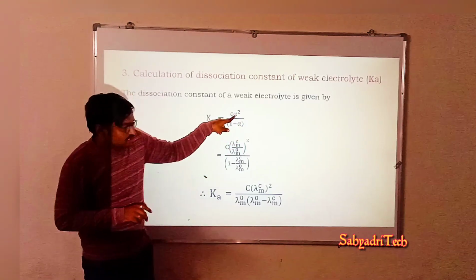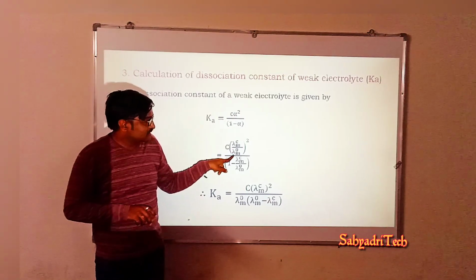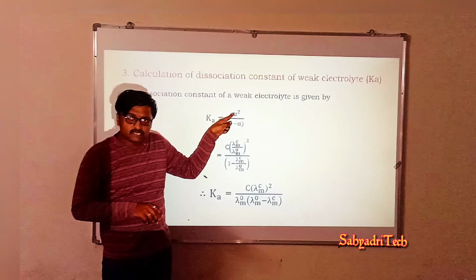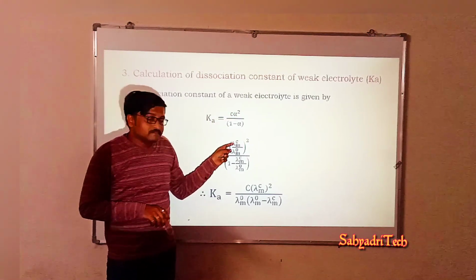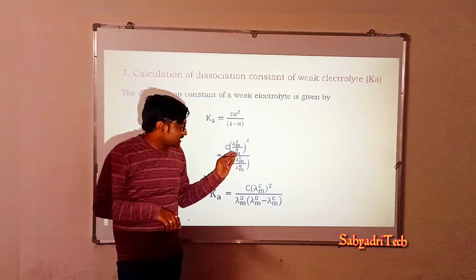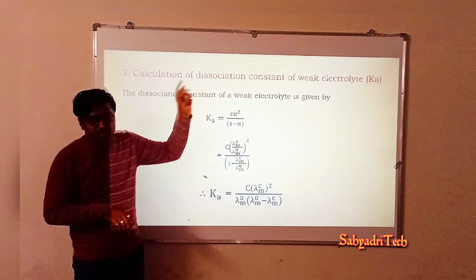We already know alpha is the ratio lambda Cm divided by lambda naught m. So wherever alpha is there, we place its other form, lambda Cm divided by lambda naught m, so that on simplification we get another form for the dissociation constant.